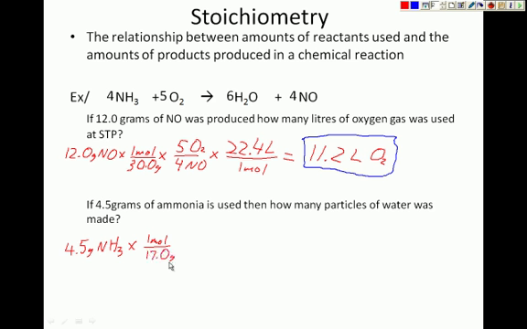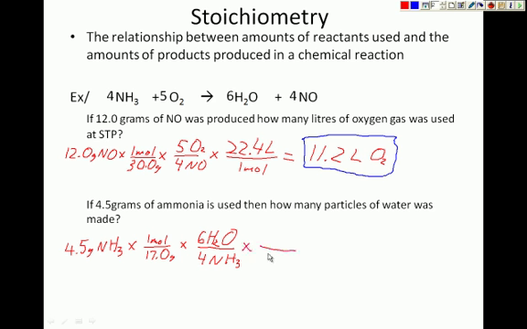And I'm going to multiply this by our ratio of 6 water, because that's what we want to find out, 6 water, and that is equal to 4 ammonia. Okay, so right now our unit is moles of water.